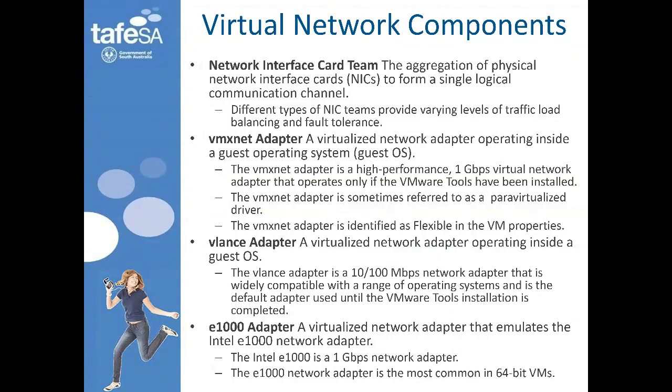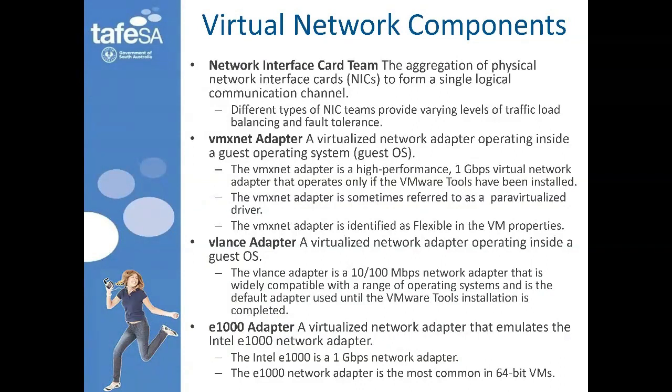So if you have 1 gigabit NIC, if you have 3 of them, it gives you 3 gigabits when you combine them together, isn't it? So you increase the bandwidth. The other benefit is if you have 3 network cards doing the same job, if one of them physically fails, the cable gets unplugged, or something like that, you still got the other 2 to still work, don't you? So it provides a level of fault tolerance as well.